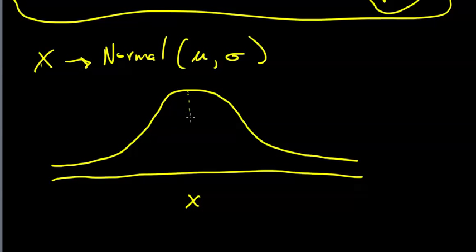The bell here is peaking at the mean, and I claim I can graph the sample means of size n. X bar is also normal, still bell-shaped.